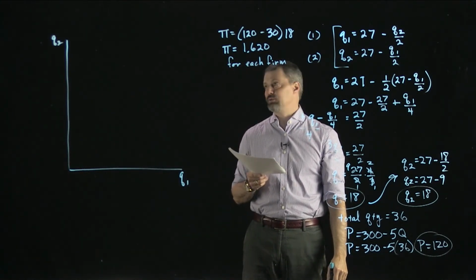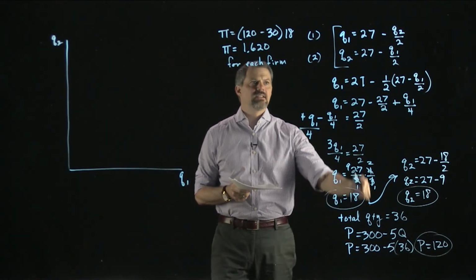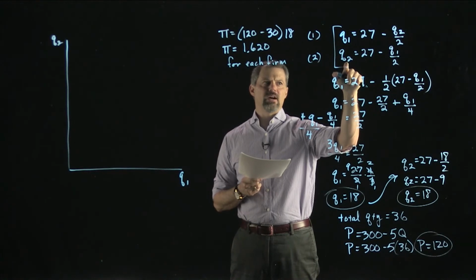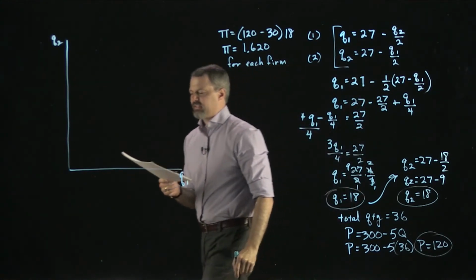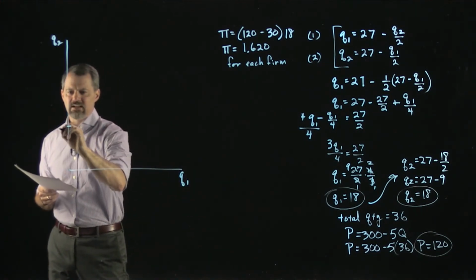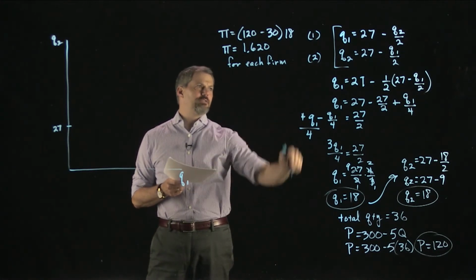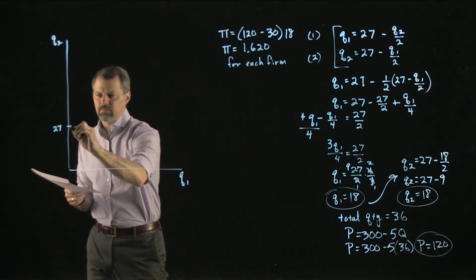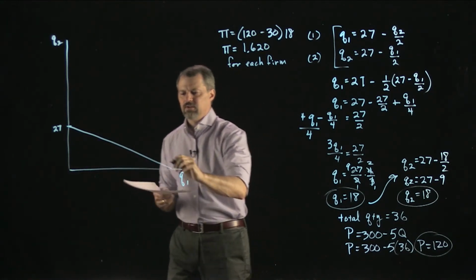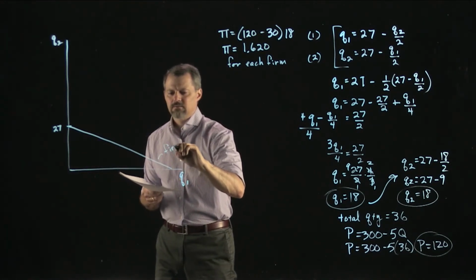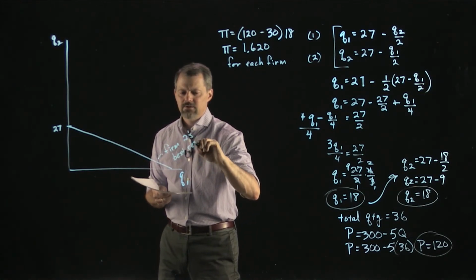So for firm 2, because I've put Q2 on the vertical axis and firm 2's best response function is already solved for Q2, I can go ahead and graph that. That thing has an intercept of 27, and it has a slope of -1/2, so it comes right down like this. That's firm 2's best response function. Here's how to interpret it.